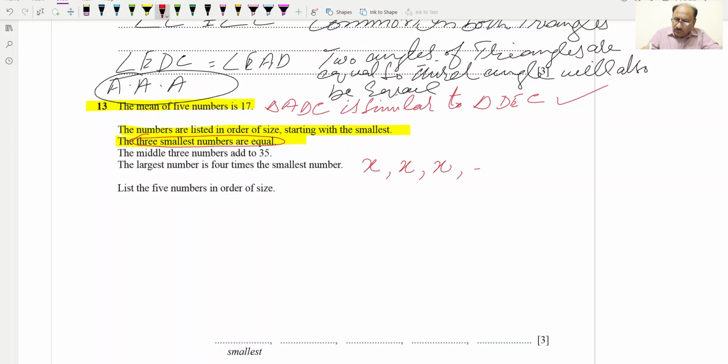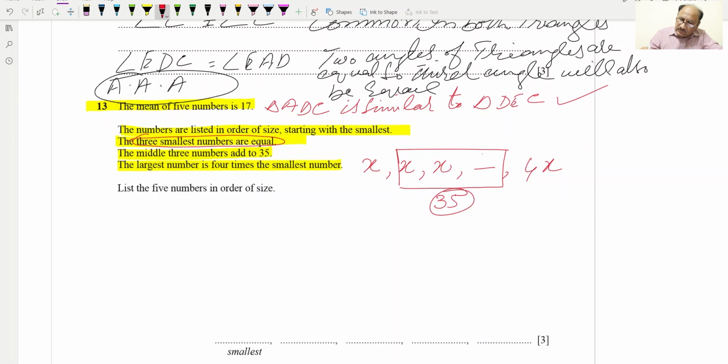The fourth and fifth numbers we don't know, but the middle three numbers add to 35, and the largest number is four times the smallest number, which is x, so 4x. The sum of the middle three numbers is 35.